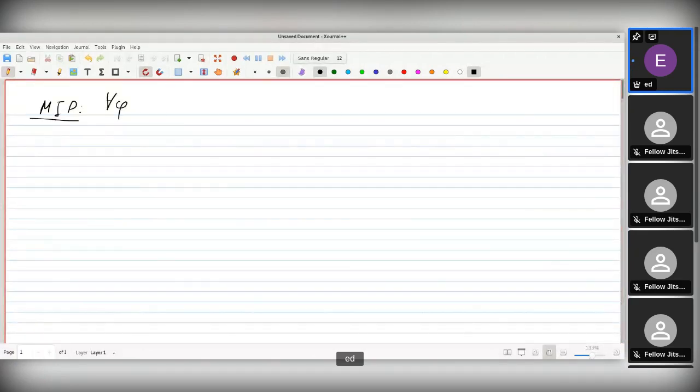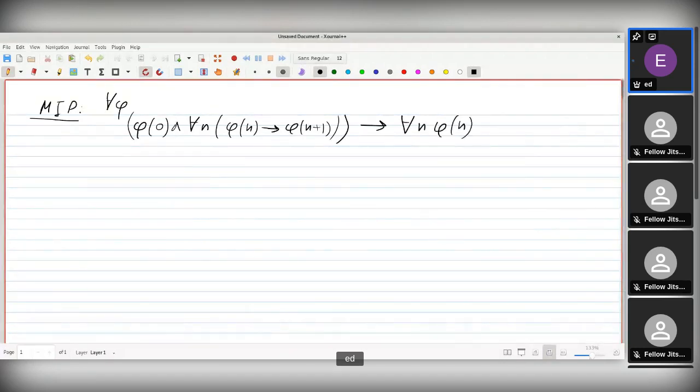For every property of naturals, for every predicate phi over naturals, if phi holds for 0, if 0 satisfies this property, and if this property phi may be translated from n to n plus 1 for whatever n, given these two are true, we are allowed to conclude that phi holds for every natural number.